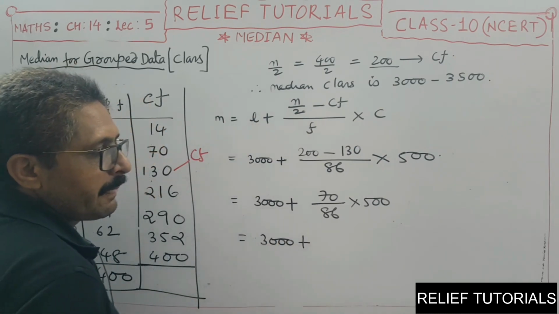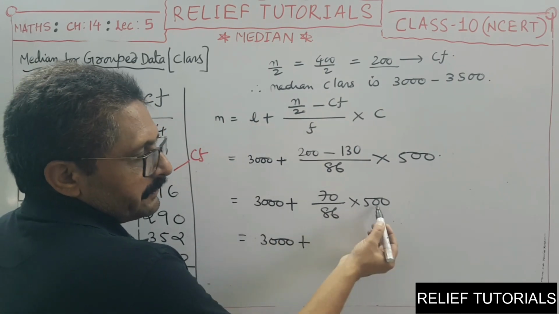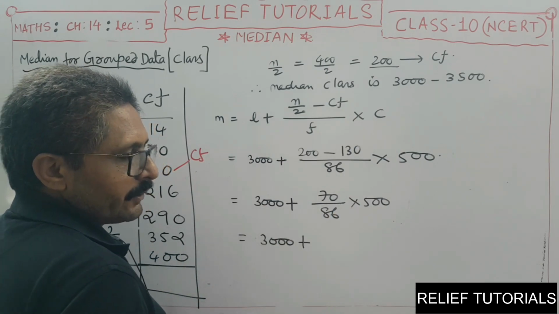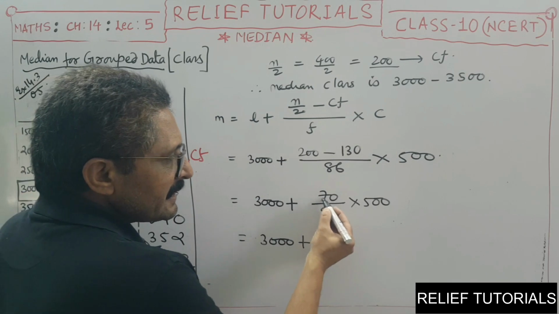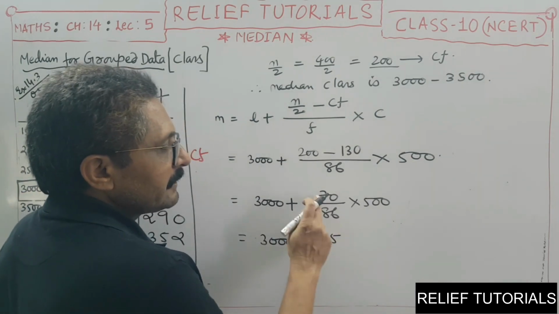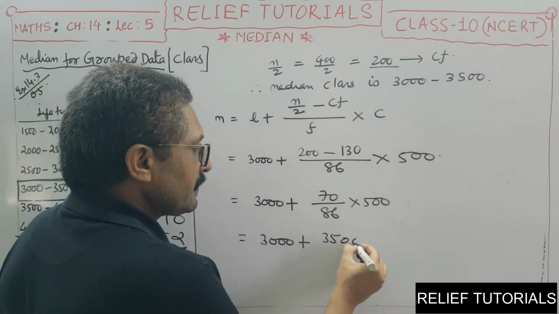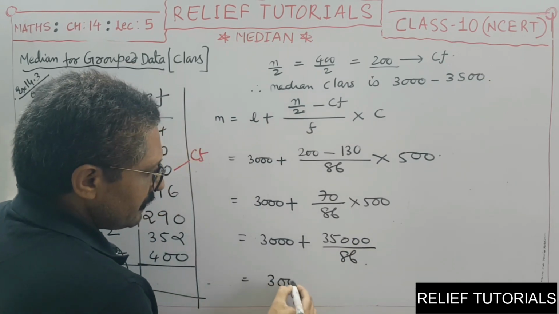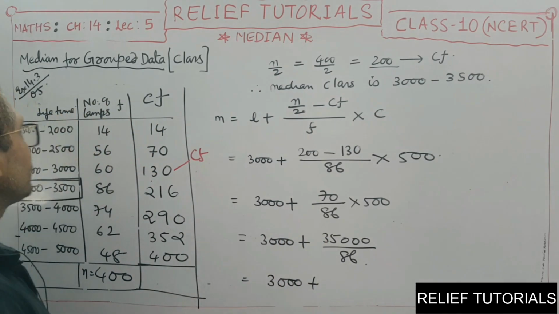3000 plus. Now 70, you multiply this by 500 and divide by 86. Or you can make it simpler. See, 7 5s are 35, then 0 0 0, so 35,000 divided by 86. So 3000 plus 35,000 divided by 86.